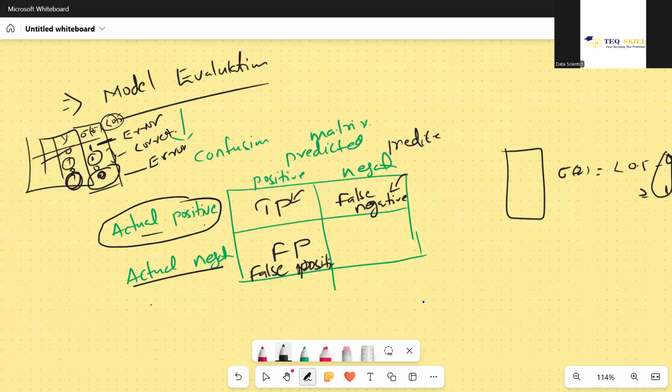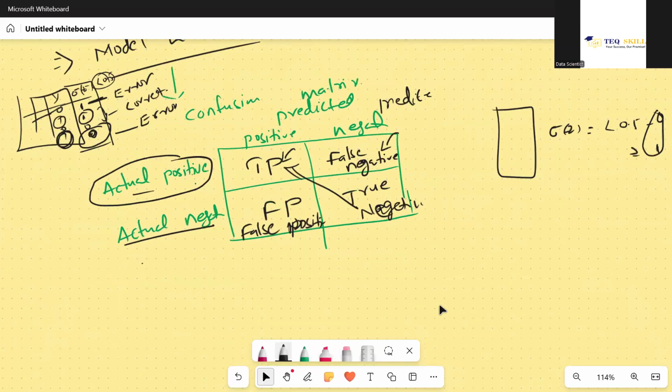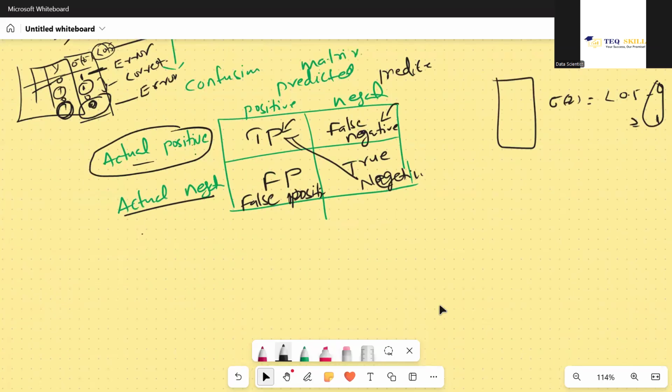And actually negative, predicted as negative, so it's a true negative. Here the true negatives and true positives are correct data points or observations, and the false negatives and false positives are your errors. I hope you understood how these values are obtained based upon your actual categories and predicted categories.